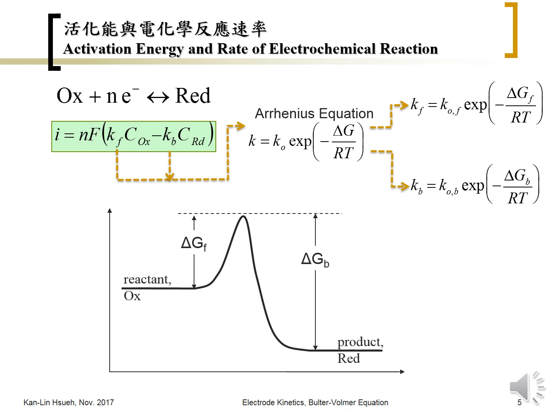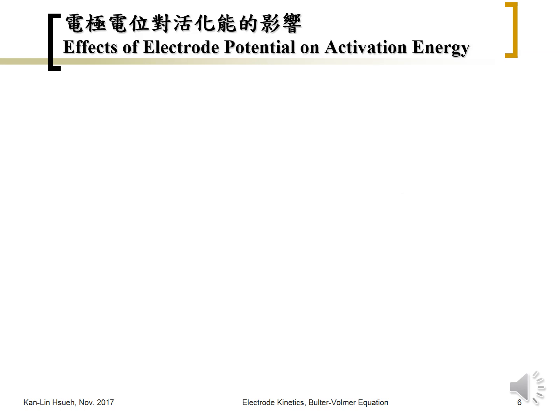When you change the electrode potential, it changes the landscape of this potential barrier, and that means it changes the delta GF and the delta GB. The following slides will give an example of how the electrode potential affects the activation energy.